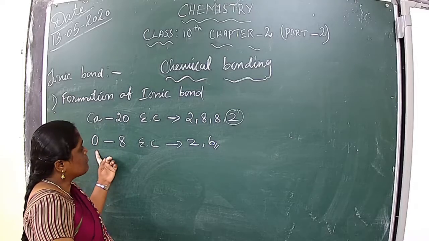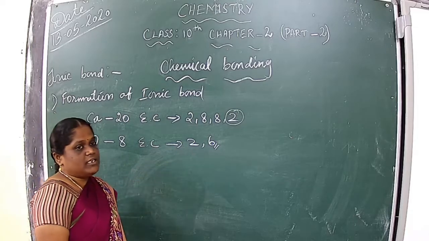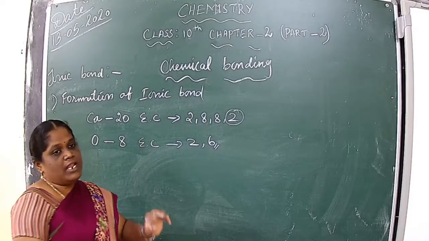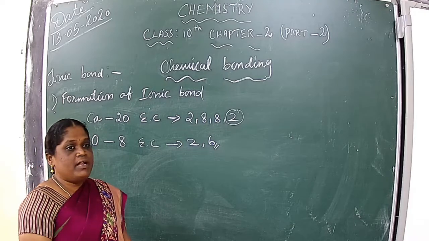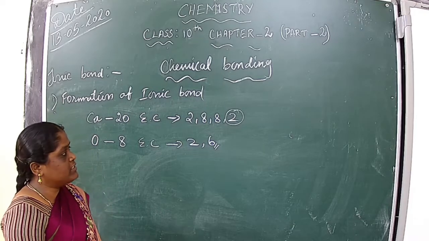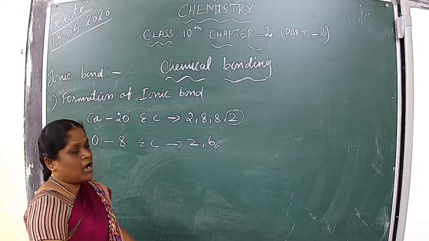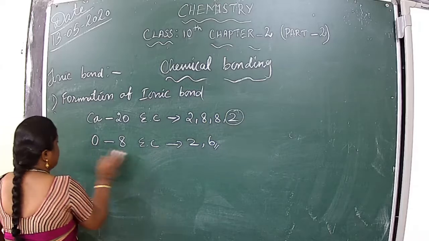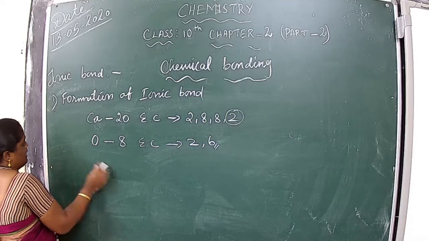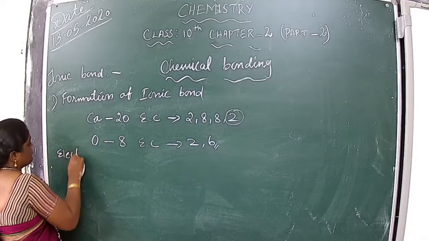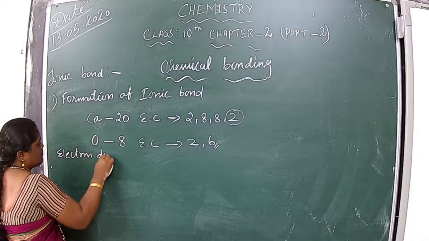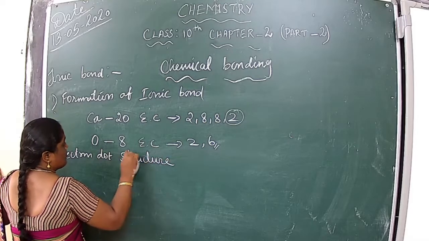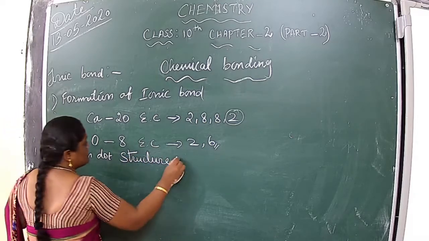Oxygen's electronic configuration is 2 and 6. It has 6 valence electrons, and it gains 2 electrons to attain the stable electronic configuration of the nearest noble gas, neon. Now, this is the electron dot structure.